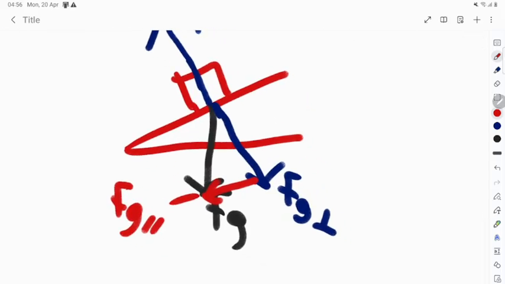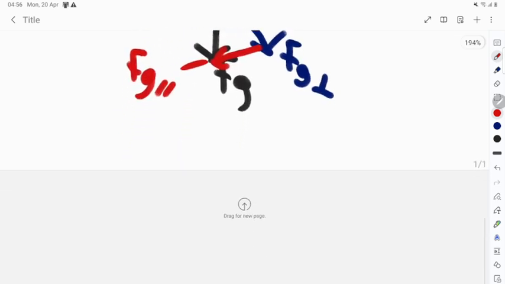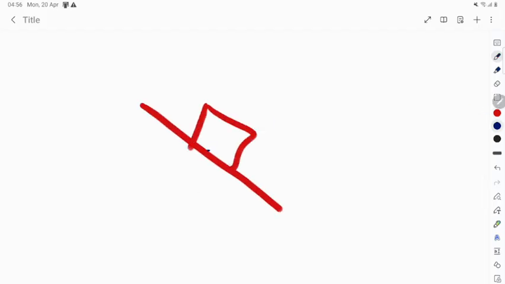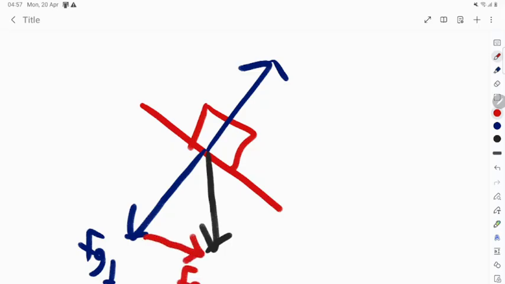And look at this: if my incline was in this direction, I would have my normal, and my Fg perpendicular will be this way. Because my gravity is downwards, my Fg parallel will go this way.